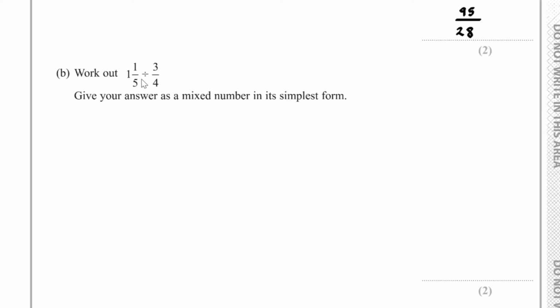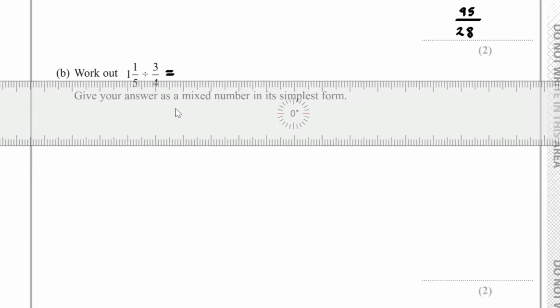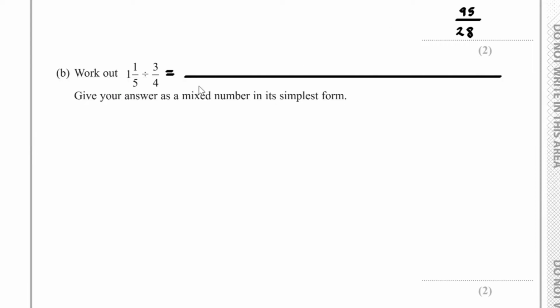And then for part B, we have to work out 1 1/5 divided by 3/4. First of all, let us convert the mixed number 1 1/5 into an improper fraction. To do that, we have the 1 multiplied by the 5 plus the 1 divided by 5, and then we divide this by 3/4.